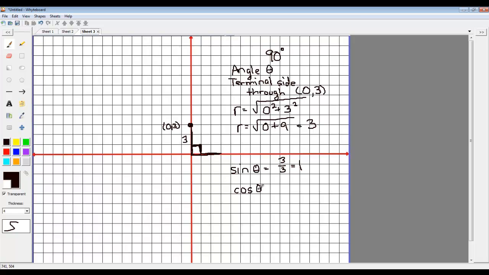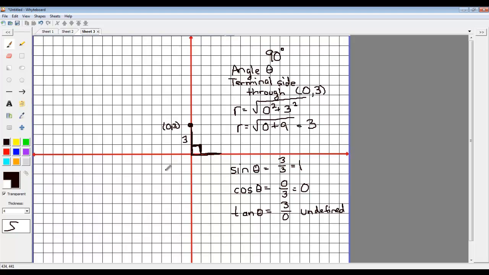Cosine of theta is going to be x over r, so 0 over 3, which is 0. Tangent of theta is going to be y over x, 3 over 0. Uh-oh. Division by 0, that's undefined. So in this case, the tangent is undefined.